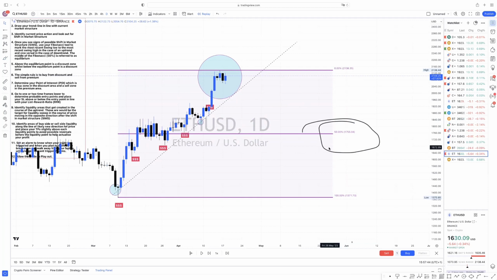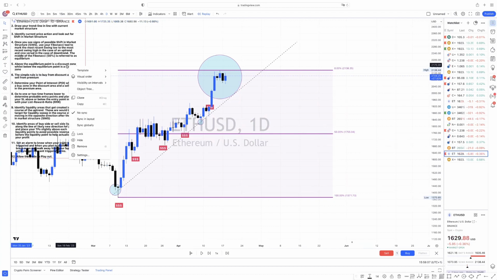Now, the next thing I want you to understand here, if we go back to our list, talking about number 5, what you will see here is that I said above the equilibrium point is a discount zone.